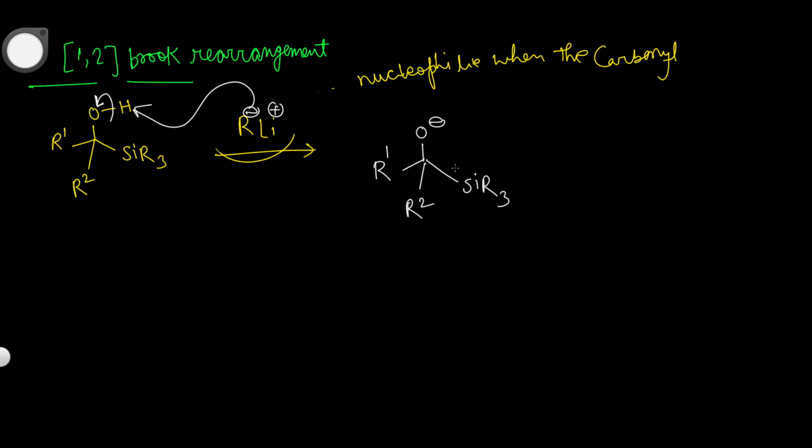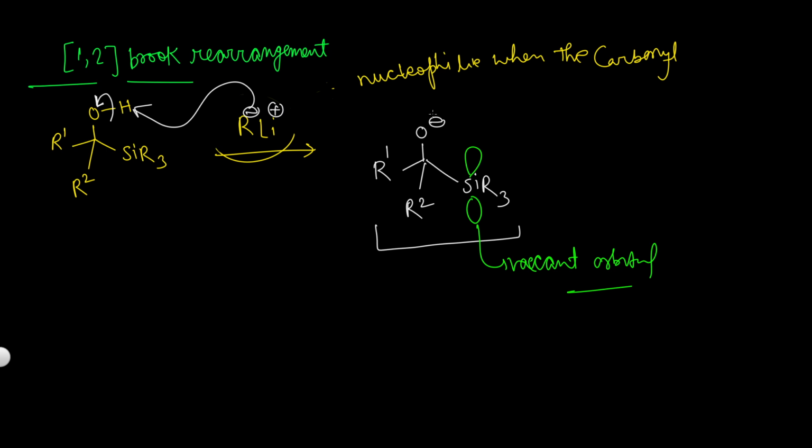Now you are seeing that in this molecule we have silicon, and we know that silicon has a vacant orbital. So this O minus will donate its electrons into the silicon's vacant orbital.